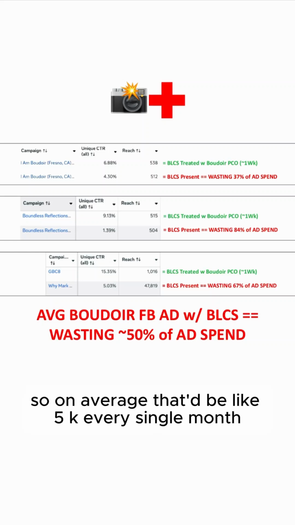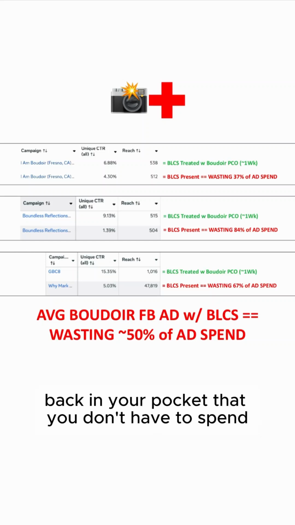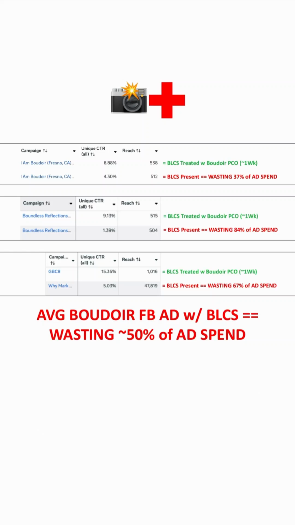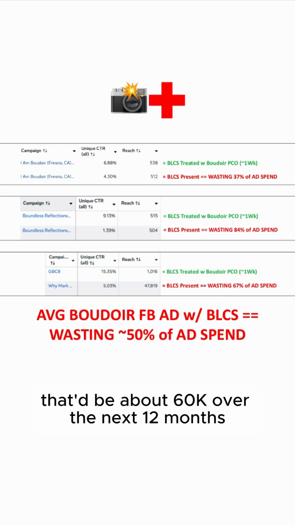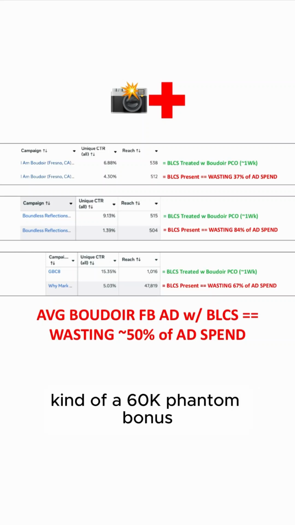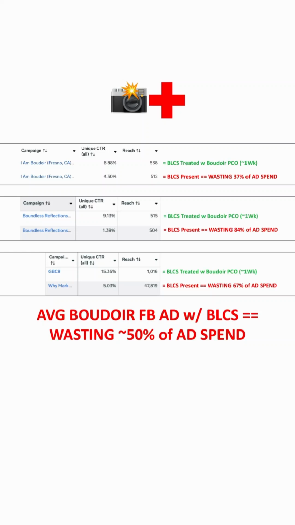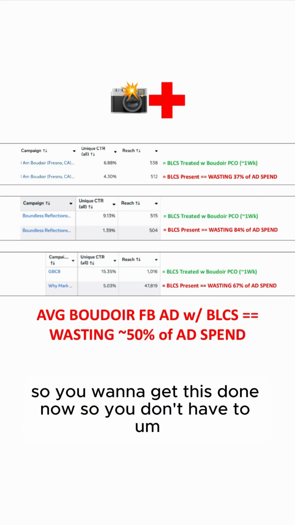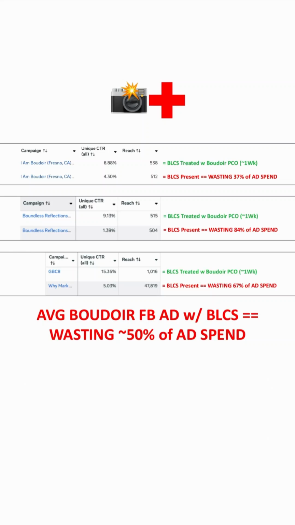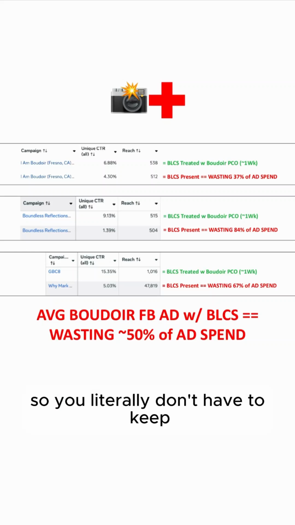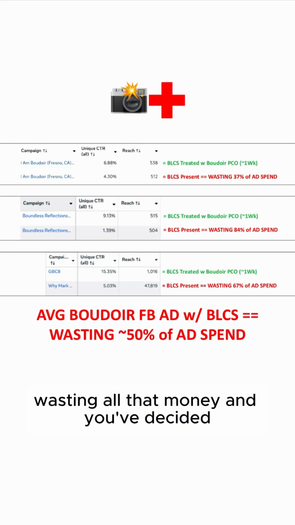So on average, that'd be like 5K every single month back in your pocket that you don't have to spend, kind of like a phantom bonus. And that'd be about 60K over the next 12 months, kind of a 60K phantom bonus. And you decide you want to get this done now so you literally don't have to keep wasting all that money.